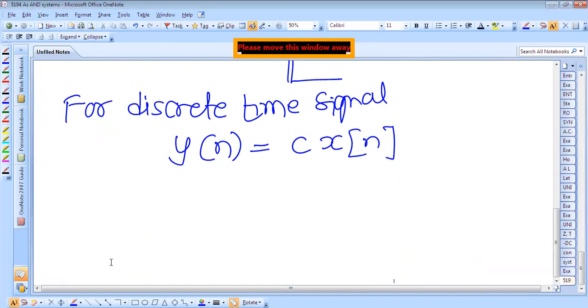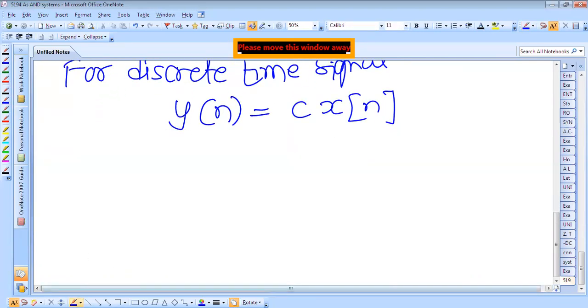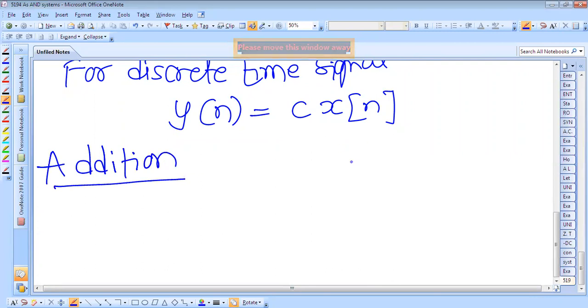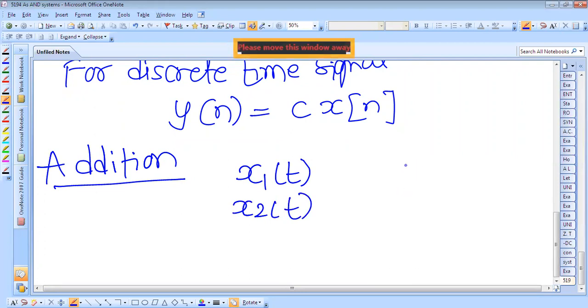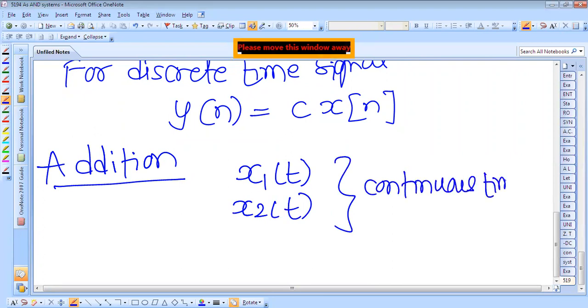The second operation is the addition operation. Let's suppose there are two signals, x1 of t and x2 of t. This is a pair of continuous time signals.